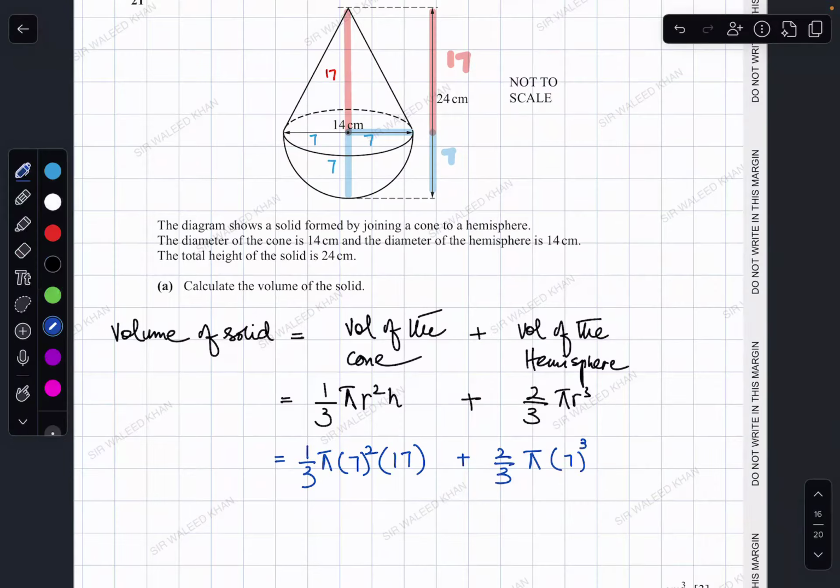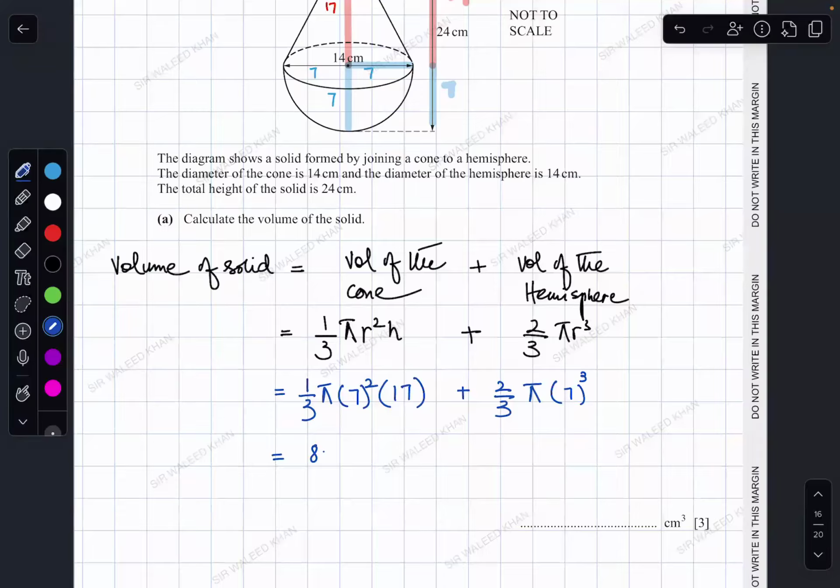So if you work it out, this should be 872.32 plus 2 times 5 times 7 cube divided by 3. 718.38.